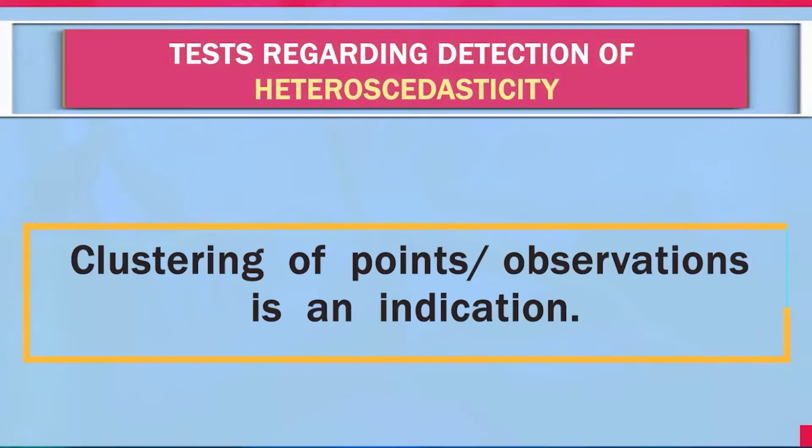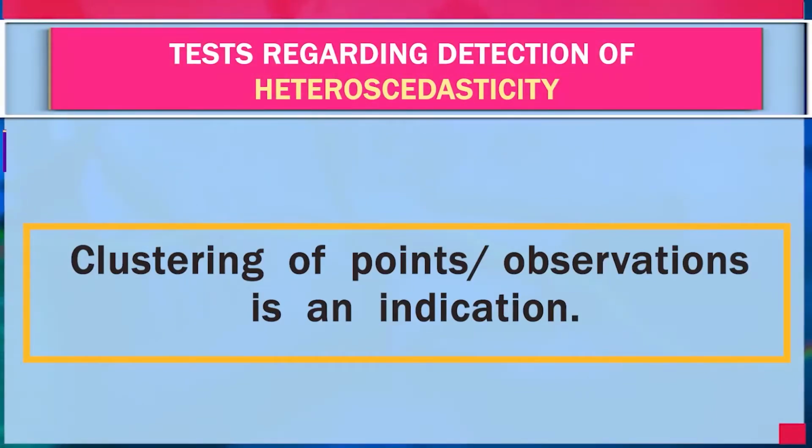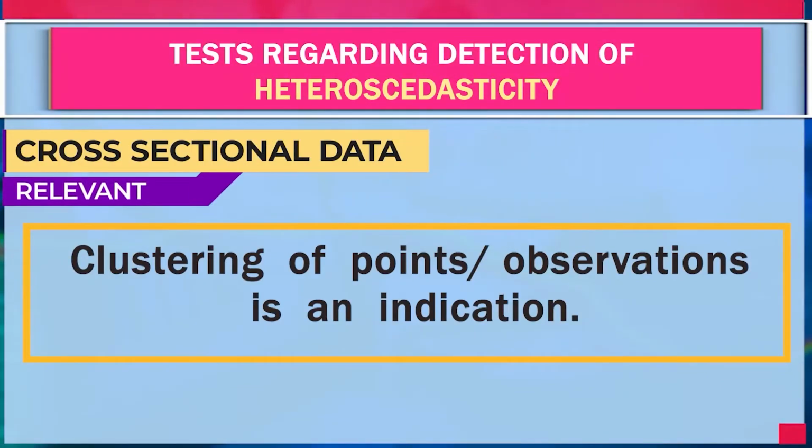And in case of the heteroscedasticity problem, we find that clustering of points comes up, which is very much relevant in case of any cross-sectional data where for a particular income group, maybe the spending will be very high for the high income groups, or for the low income groups in a sample, the spending may be very low.